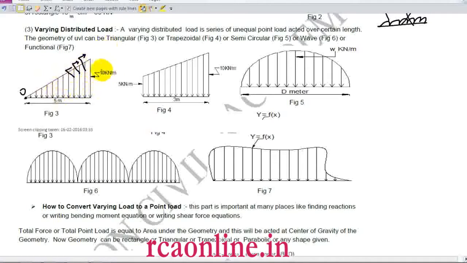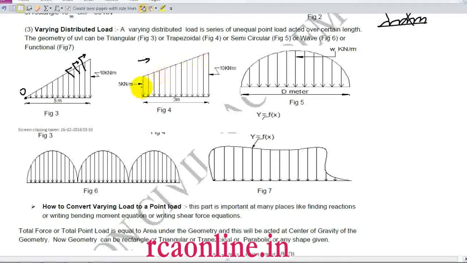The first is triangular, in which the variation of the intensity will be linear. The load is decreasing linearly. See another type of varying distributed load. In this, if you move towards the right-hand side, the intensity is increasing.